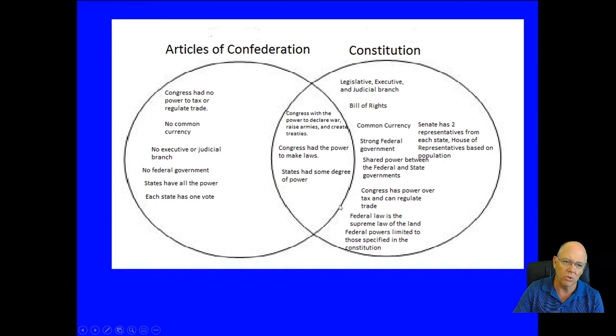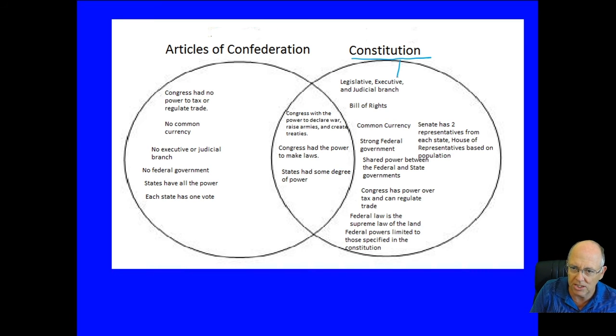Now, I'm putting this slide up again because I think this is extremely important. The Constitution does these things. The Articles of Confederation had no power to tax or regulate trade. That's going to be a big deal here because Congress has power now. That's one of the big takeaways you need to get.